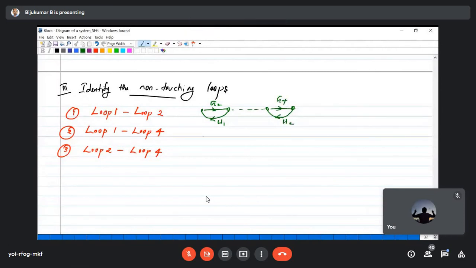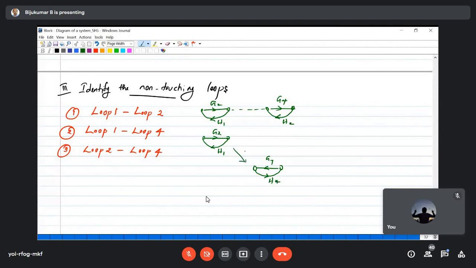In the second case, loop 1 and loop 4, loop 1 can be like this, and loop 4 is somewhere here, G7 H4.